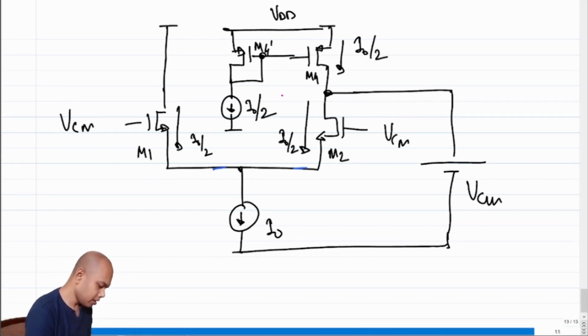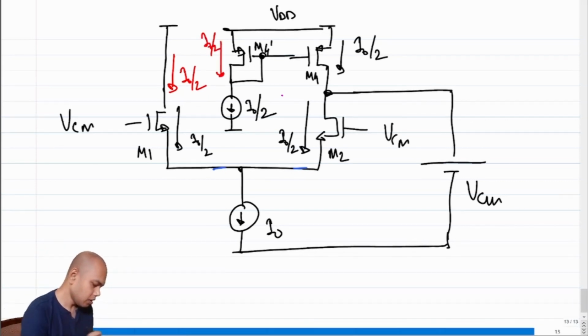What is the current through this branch? This is I naught over 2. What is the current through this branch? This is I naught over 2, right?